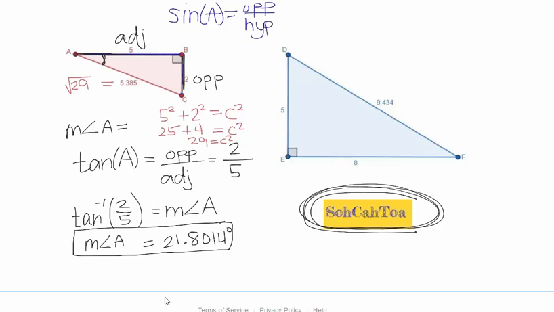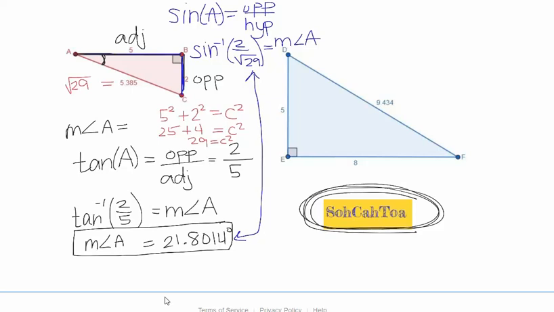So that means if I do the sine inverse, my opposite side is right here of 2, and my hypotenuse, we just calculated a way to not round it, right? So that's the square root of 29. So this will give me the measure of my angle, right? That'll give me the measure of angle A. And if we did this correctly, this should give me this same value.